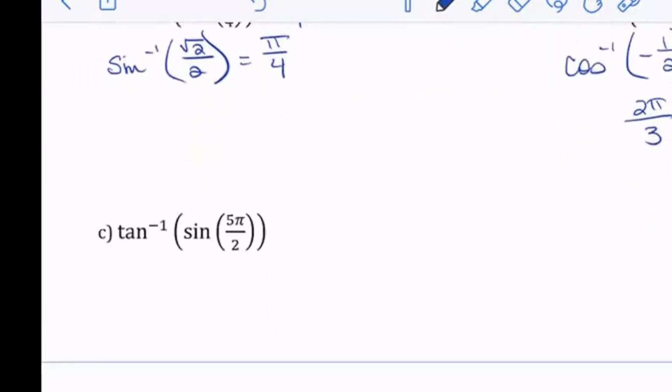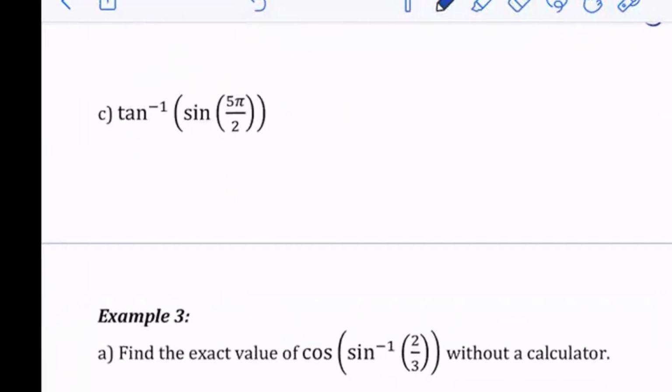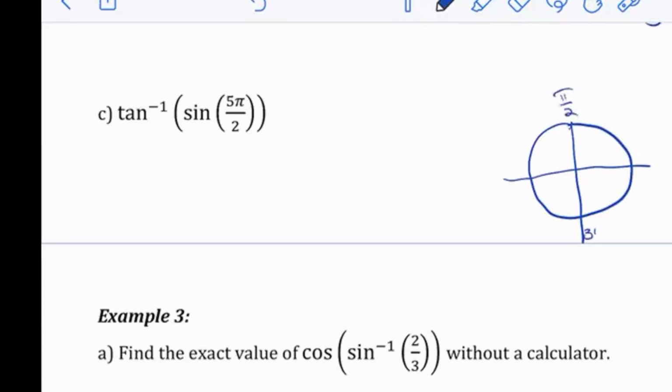Now we have two different trig functions. We have to figure out where sine of pi over 2 is. Again, if we're doing the unit circle, we can draw it over here. You have pi over 2, 3 pi over 2. This is technically 2 pi or 4 pi over 2. So we'd be back up here at 5 pi over 2. So we're up at the very top.